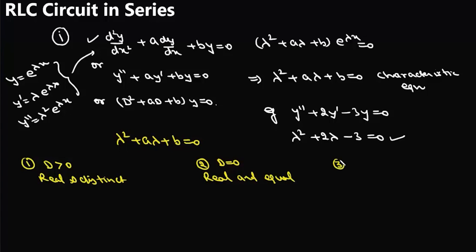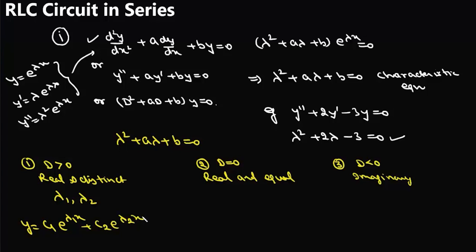And third possibility is when D is less than 0, that is, when the roots are imaginary. Now if the roots are real and distinct, say lambda 1 and lambda 2, then the solution to this differential equation is given by y equals c1 e to the power lambda 1 x plus c2 e to the power lambda 2 x.